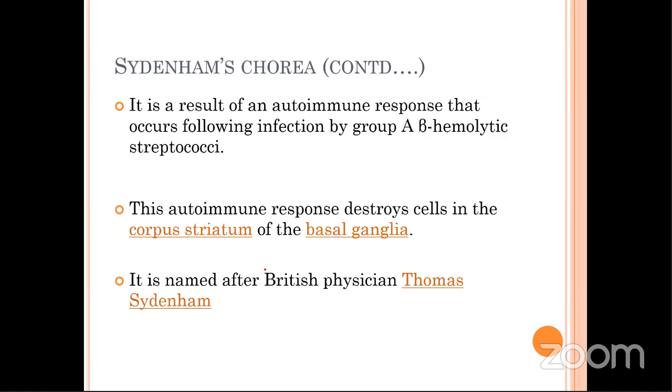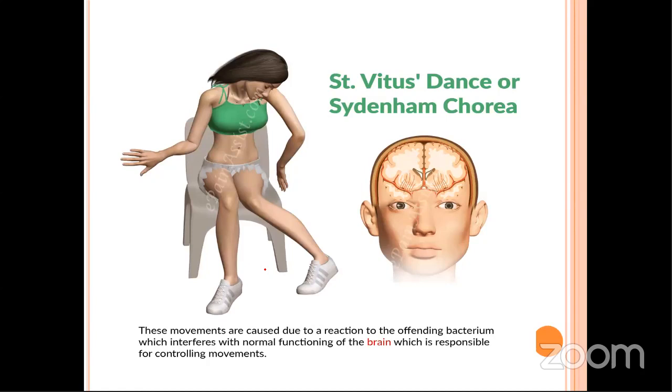And it was named after the British physician, Thomas Sydenham. Now, why does it occur? Because this offending bacterium interferes with normal functioning of the brain, which is responsible for controlling movements. So that is why this Saint Vitus dance or Sydenham's chorea occurs.